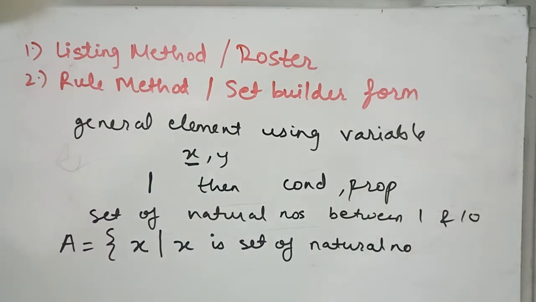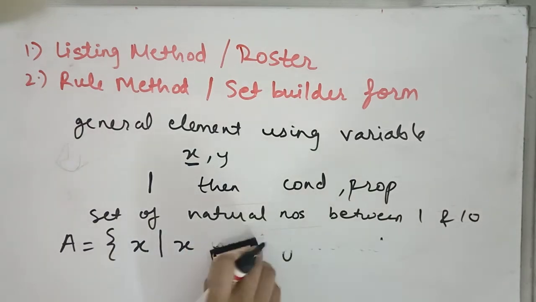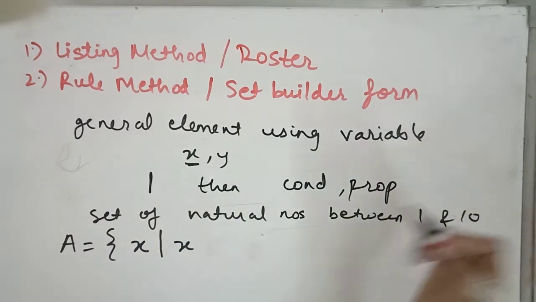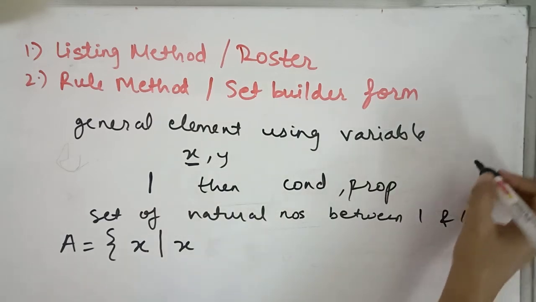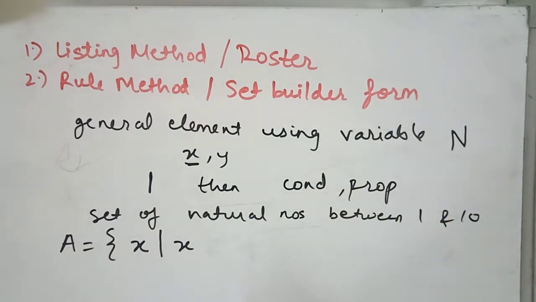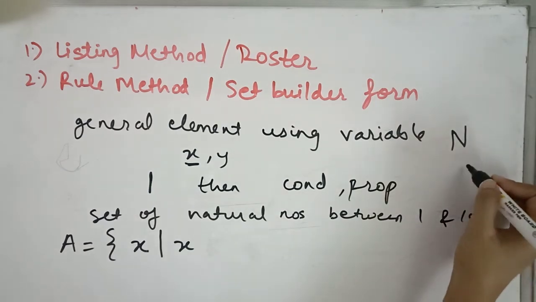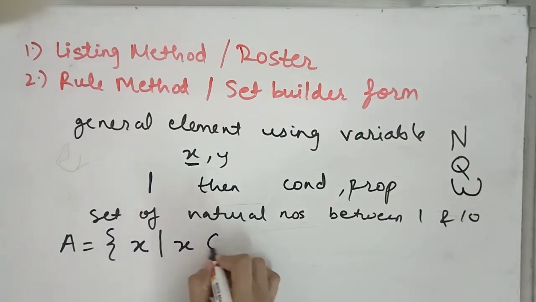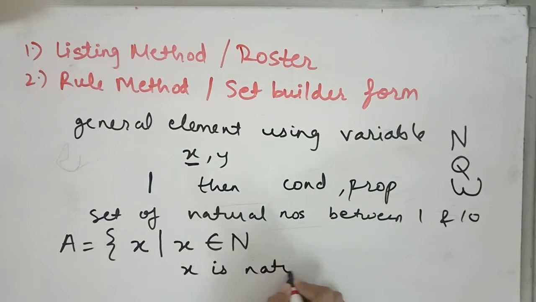If it is a standard set like natural numbers or whole numbers, the set of natural numbers is represented by N, set of rational numbers is represented by Q, set of whole numbers is represented by W. So you can write x belongs to N, or you can also write x is a natural number.